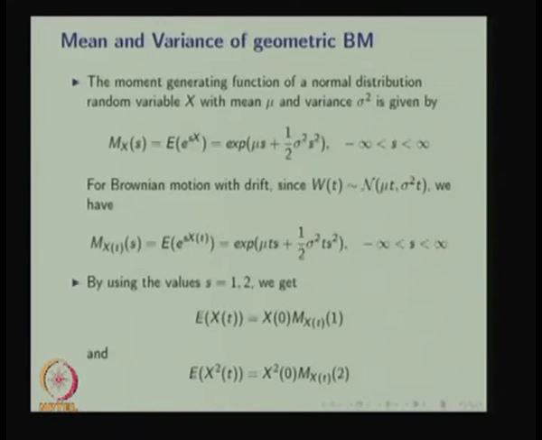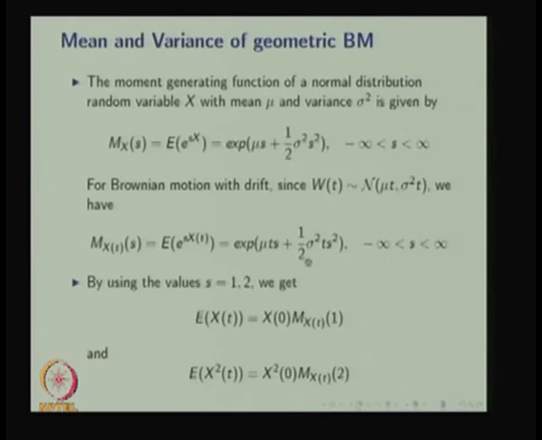By using the above logic, you can get this form. Here there is a mistake. It is the moment generating function of wt, the expectation of e power s times wt, because wt is normally distributed. Here it should not be xt, it should be wt. Here also it is wt.